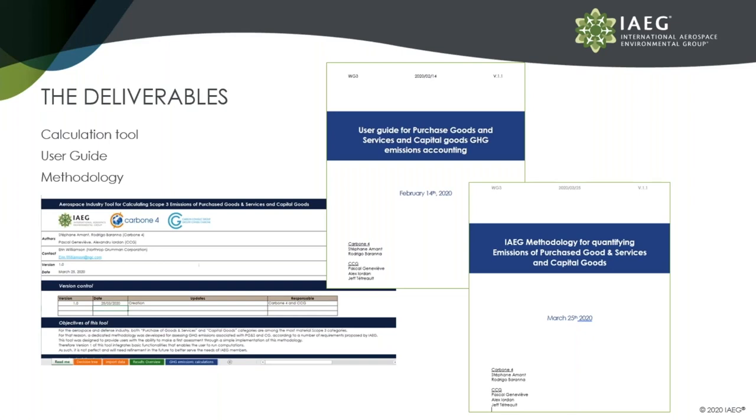But anyway, the user guide will show you everything there is to know about how to operate the tool. And then there's an underlying methodology document that talks about emission factors and the underlying structure behind the calculation of these emissions and how the tool actually uses that structure to produce usable information.